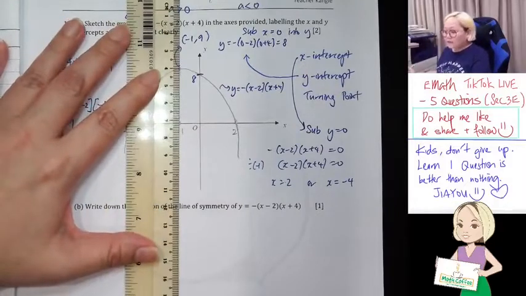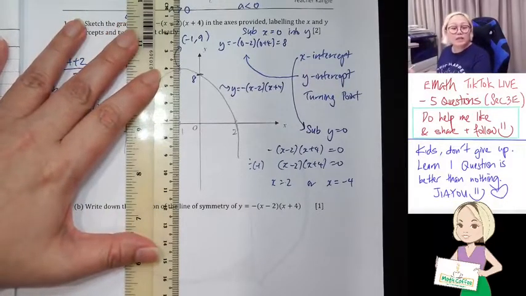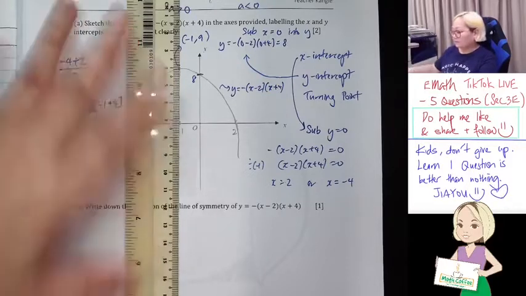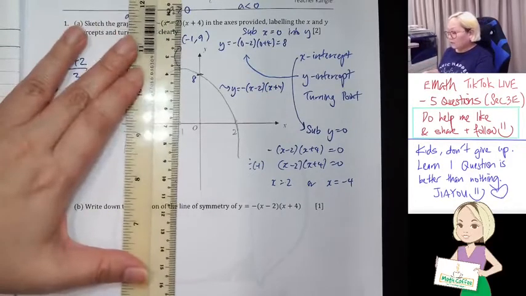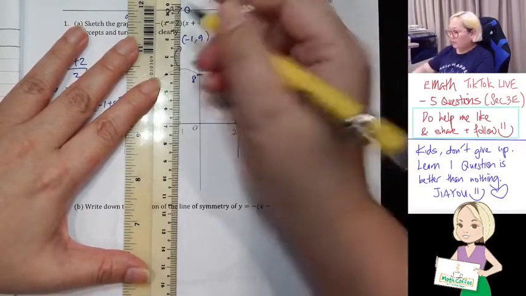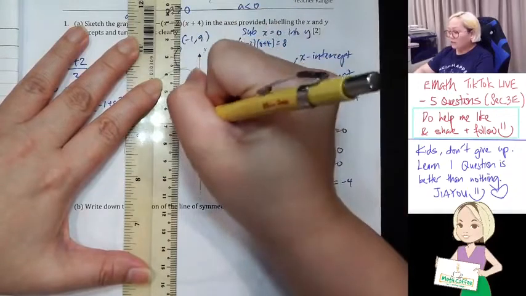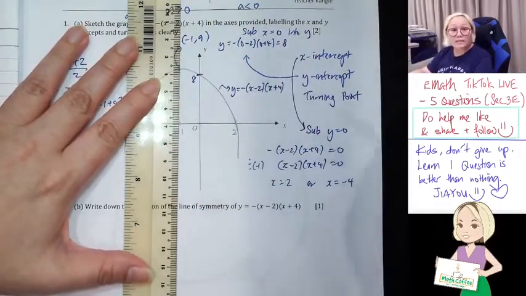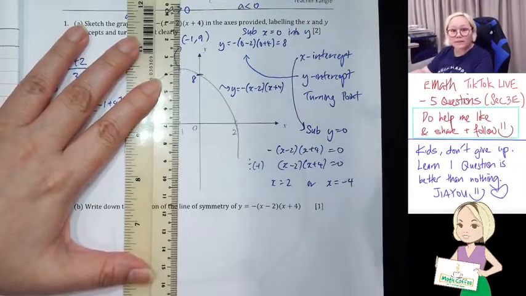So a vertical line. How do you state the equation of the vertical line? Is it x equals to something or is it y equals to something? Ask yourself this question: all the points on the vertical line, what stays the same? Is it the x remains the same or is it the y remains the same?